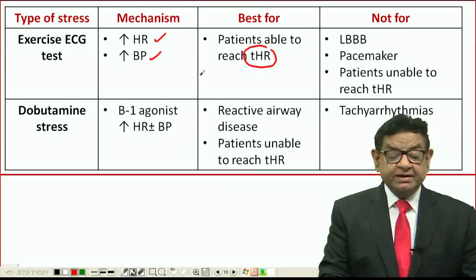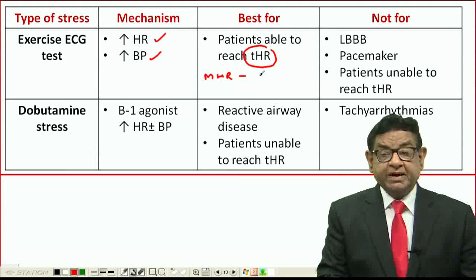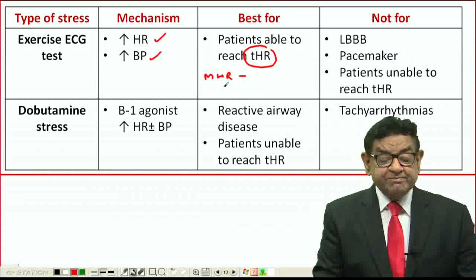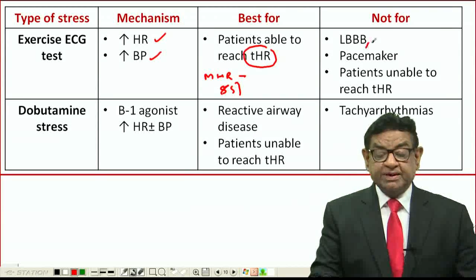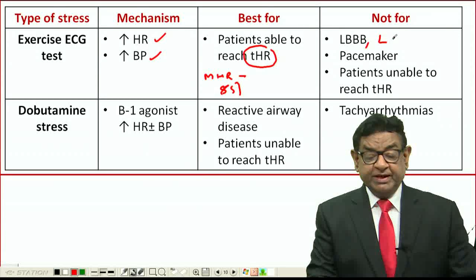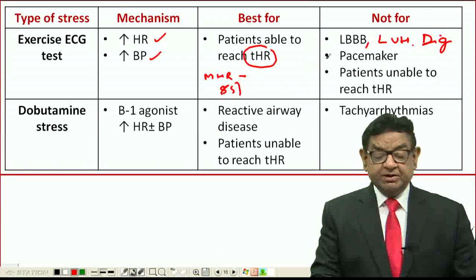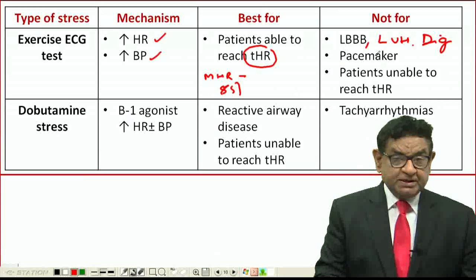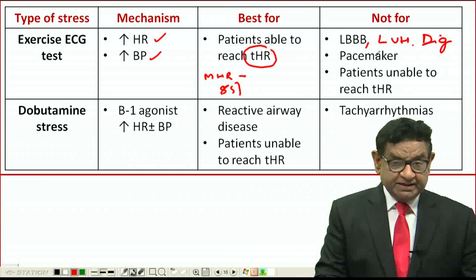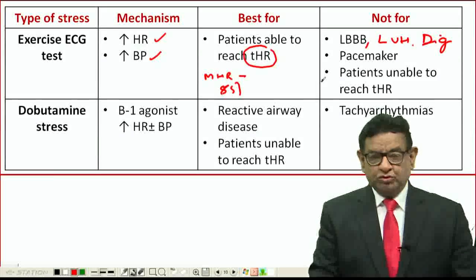I hope you remember, 85% of the maximum heart rate is target heart rate. It is not suitable for patients having LBBB, LVH, patients on digoxin, patients on pacemaker, or patients unable to reach target heart rate. At times a person is normal, he starts running, but he gets fatigued and is not able to achieve target heart rate. Then we go to other tests.